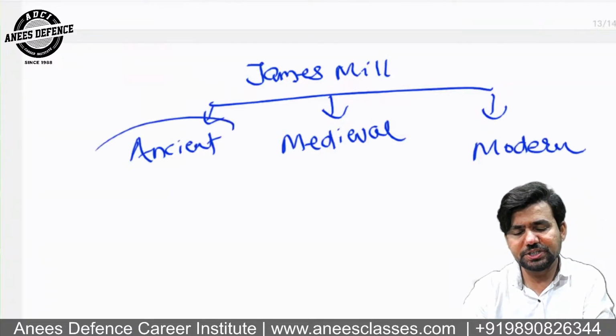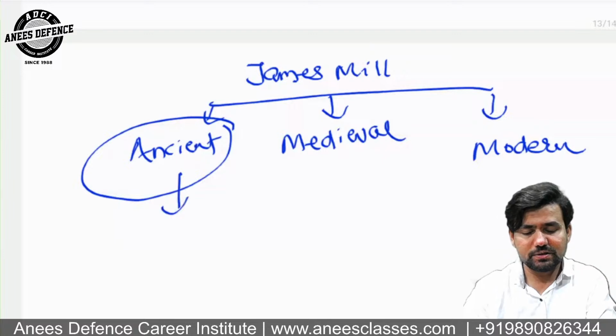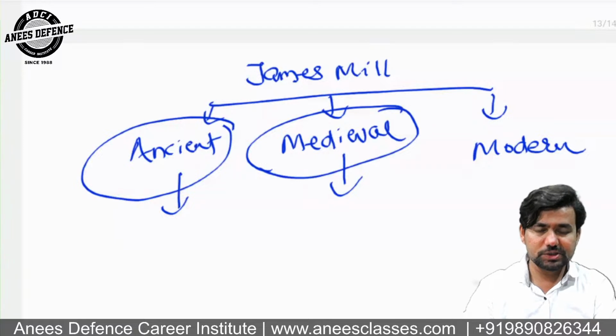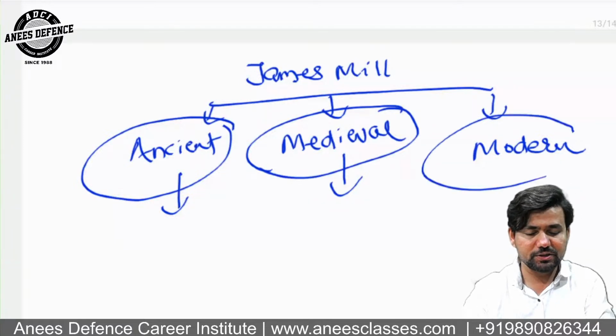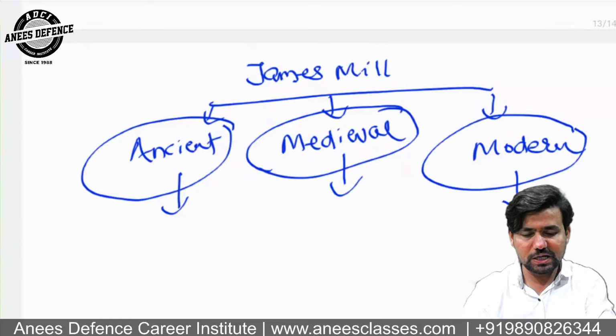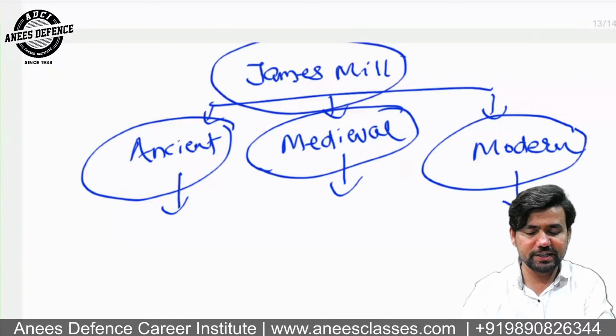According to James Mill, ancient Indian history is majorly dominated by the Hindu rulers, medieval Indian history is majorly dominated by the Muslim rulers, and modern Indian history is dominated by the Britishers, the Europeans. Right. This is how James Mill classified Indian history.